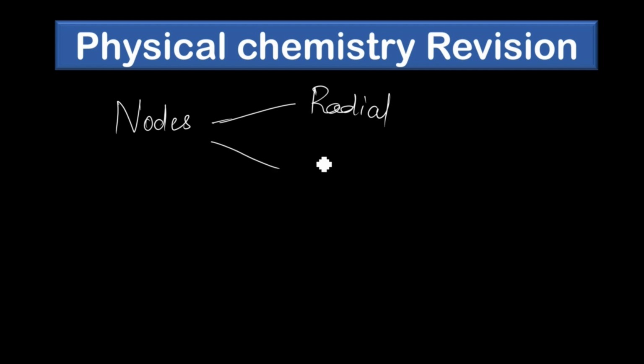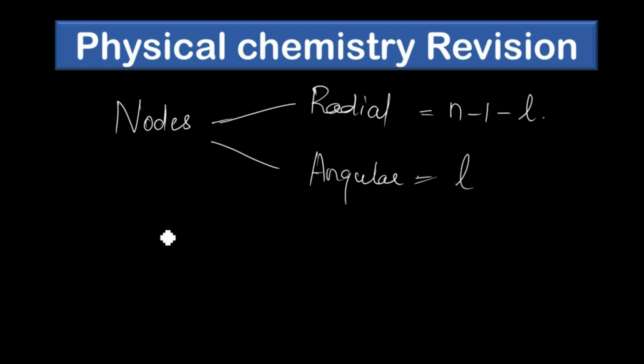Here you can expect questions about nodes. What are nodes? Where we find the electron density to be 0, the probability of finding an electron is 0. Nodes can be of 2 types: radial node and angular node. The radial node formula is n minus 1 minus L, and the angular node is just equal to the azimuthal quantum number.